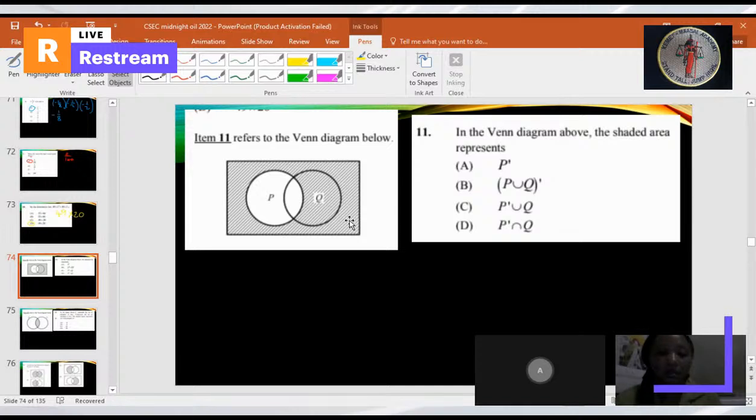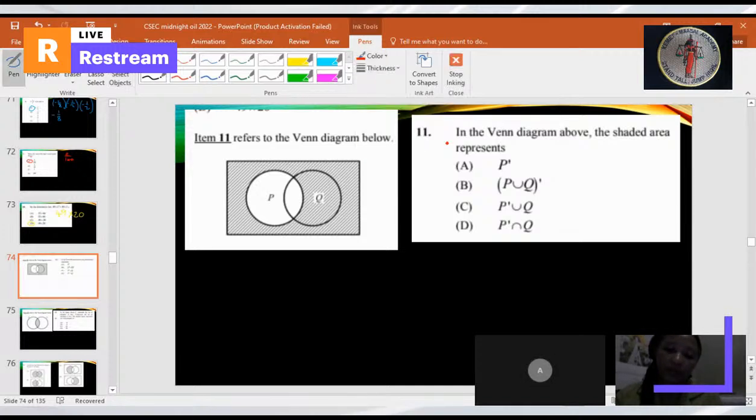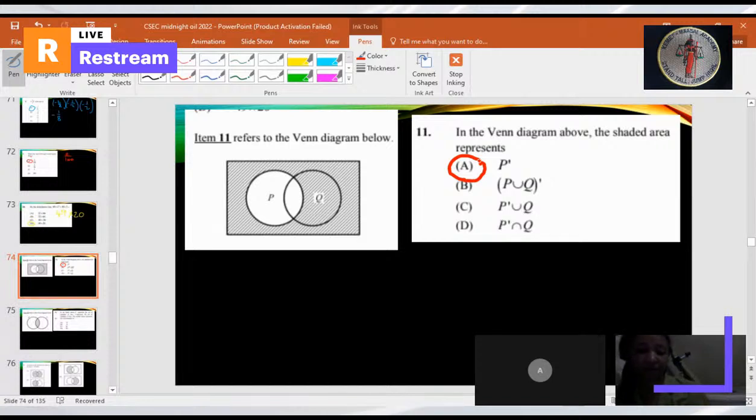A says P complement. And what does P complement mean? What's not in P. Okay, that's correct. So if we notice, this is P, it's not shaded, and everything else is shaded. So what's shaded is not in P. So that's P complement. Complement is a little stroke to the top there. That means not in.